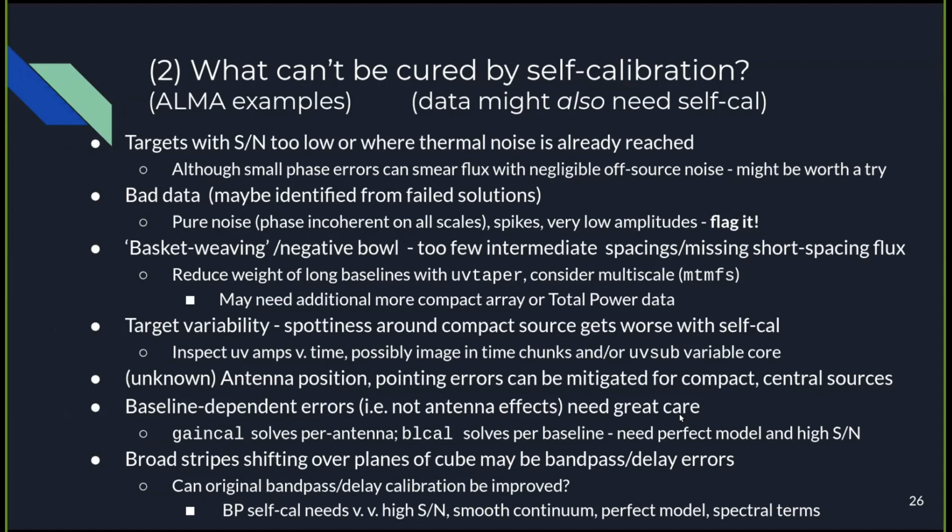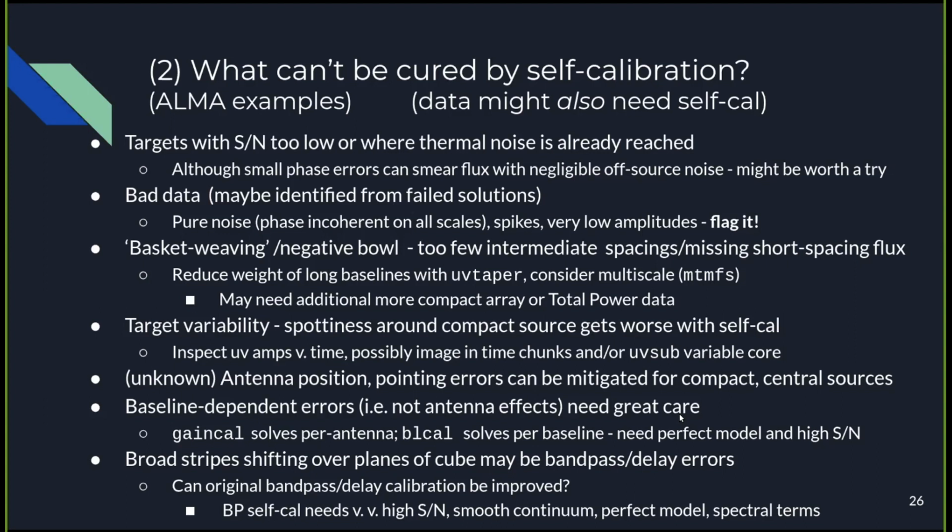Antenna position errors. If you have a fairly simple structure source at the phase center, then you can solve that. Self-calibration will help to reduce the effects of that. But the reason why this affects images quite badly is because it affects the accuracy of transfer of solutions from the phase reference source, because all the delay corrections are slightly wrong.